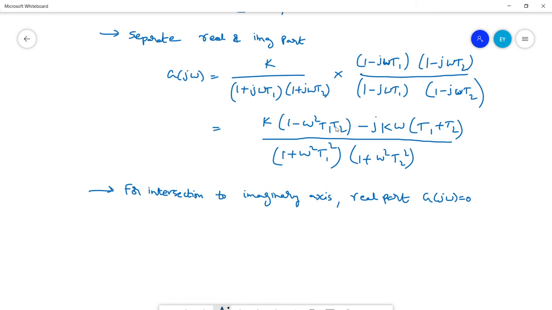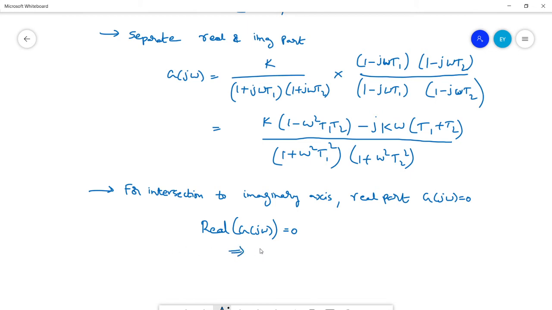So now real of G of j omega is equal to 0.